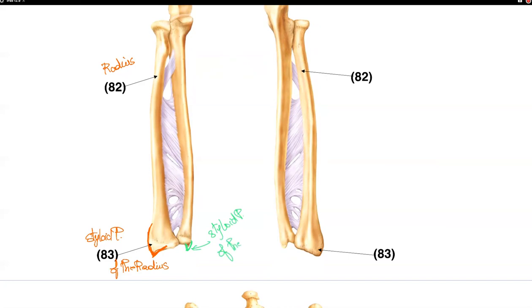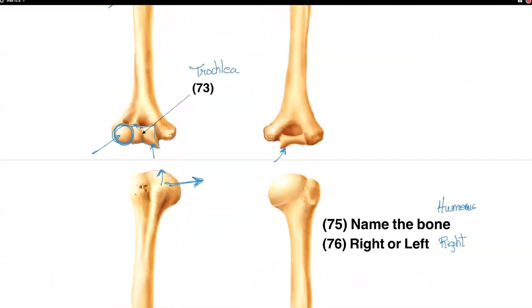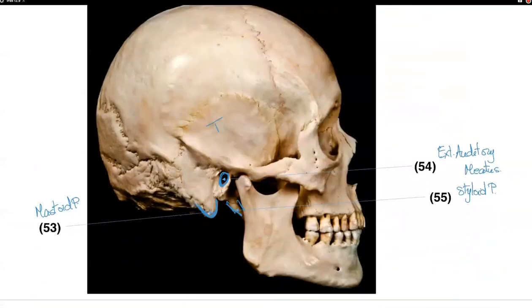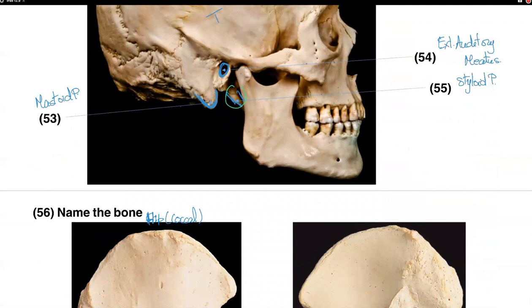So why don't I just say styloid process, without saying of the radius or of the ulna? Because if you remember, we've got in the skull a styloid process, and that is the one that I won't specify of which bone. So if you told me styloid process by itself, without specifying whether it's of the radius or of the ulna, what I will understand is that you're referring to the one in the skull.